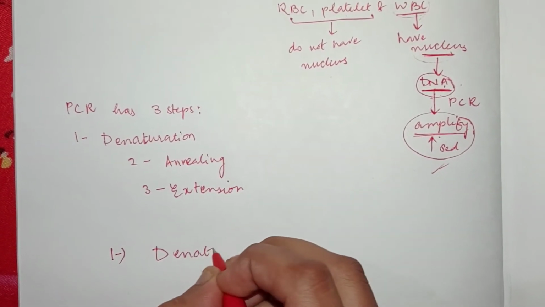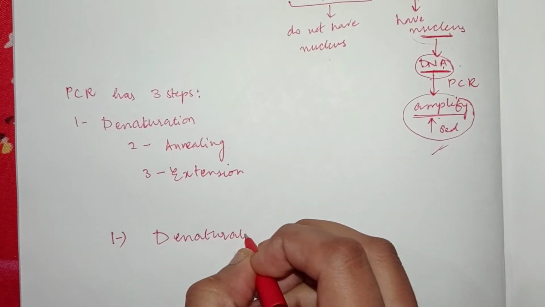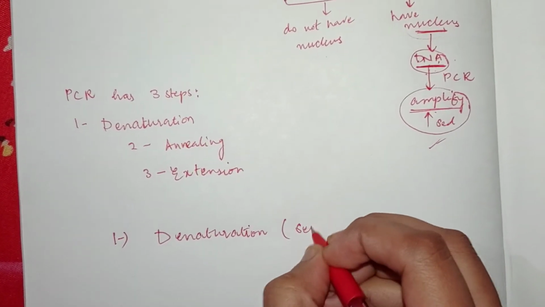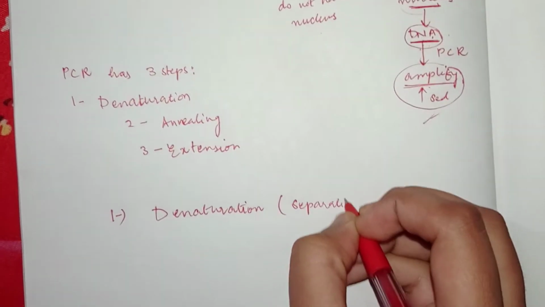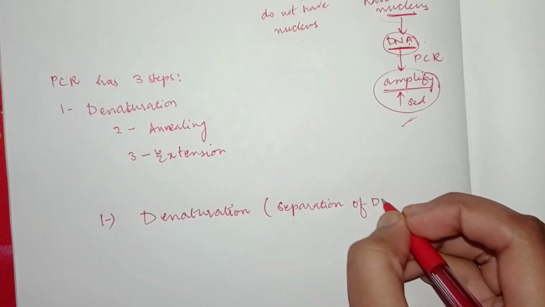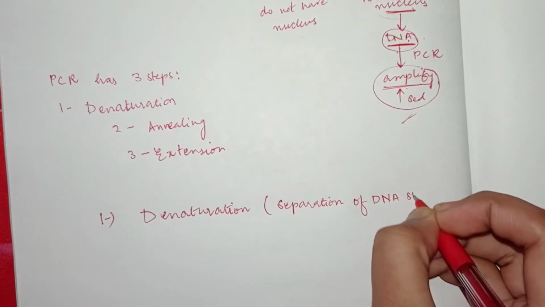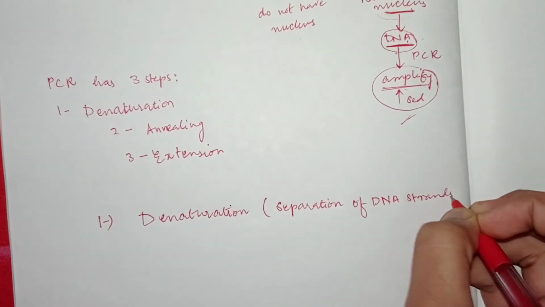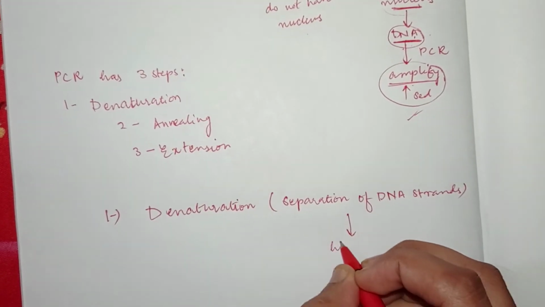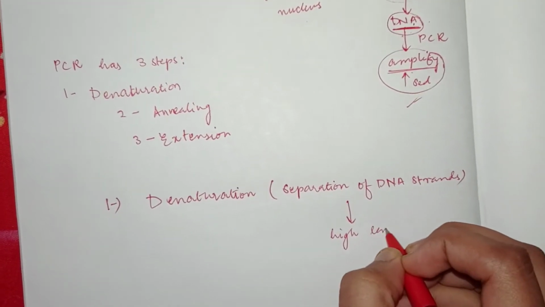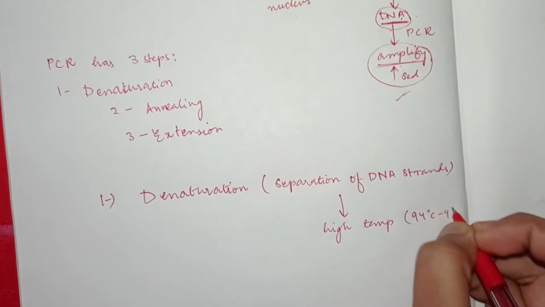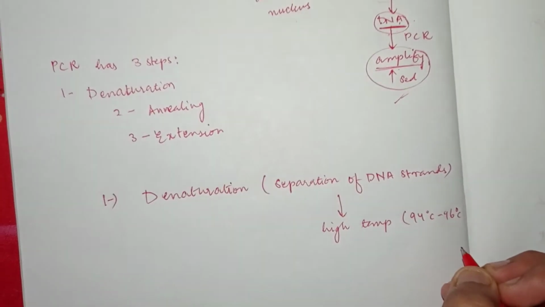Denaturation. In denaturation, separation of DNA takes place. And this separation of DNA strands takes place at a very high temperature, that is 94 degrees Celsius to 96 degrees Celsius.